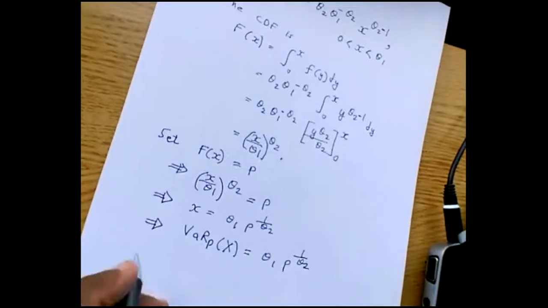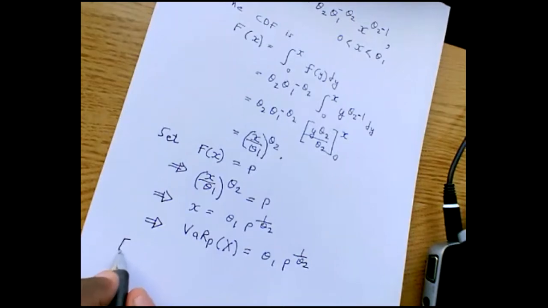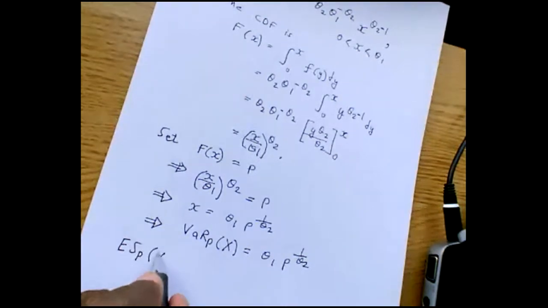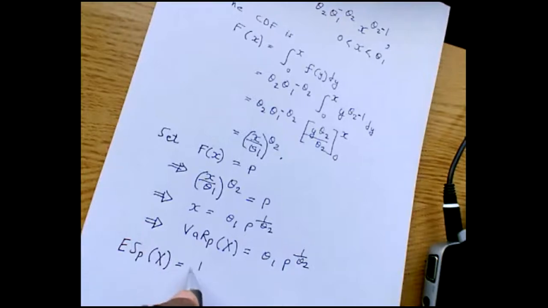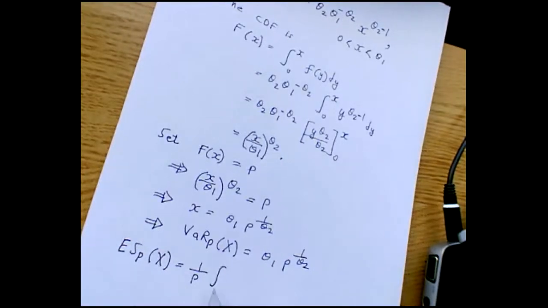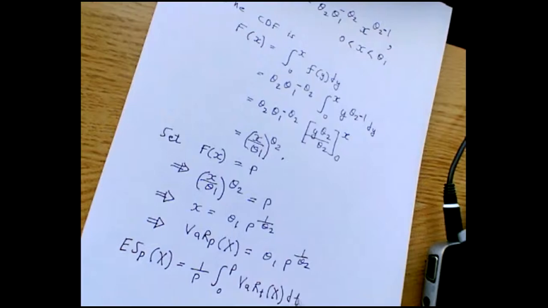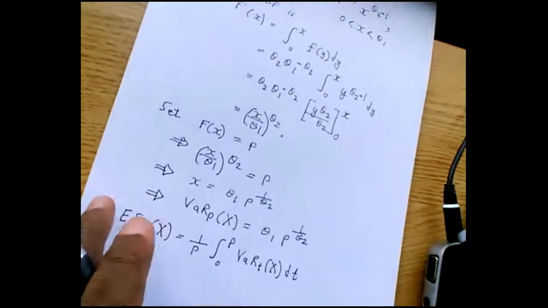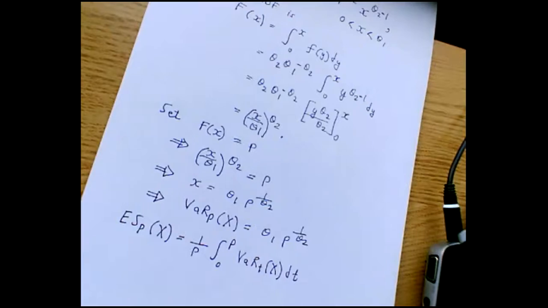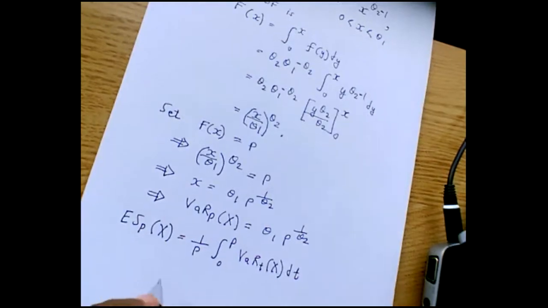Now to find the expected shortfall, I'm running out of time, so I will do it quickly. We use the familiar formula. If you use this formula, after substituting and everything, you will get something like this.